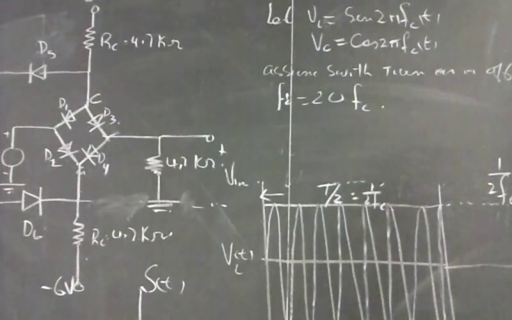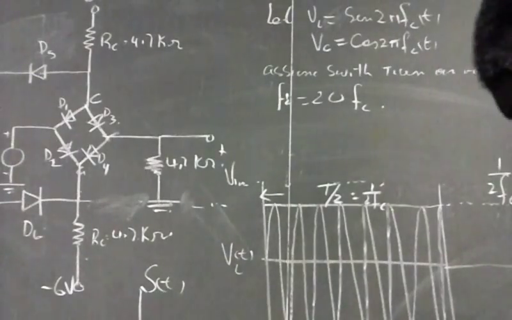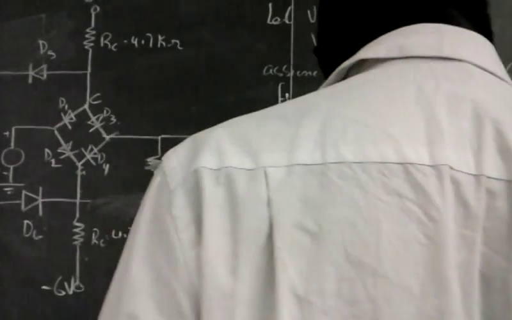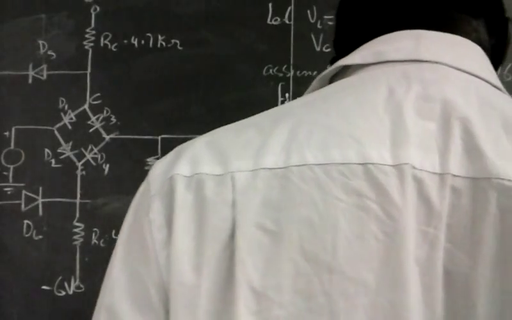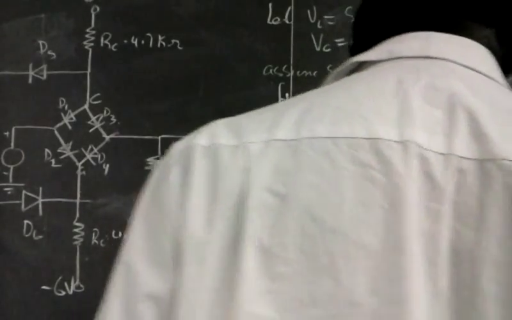Minus T by 4, 0, T by 4, 3T by 4, 5T by 4.